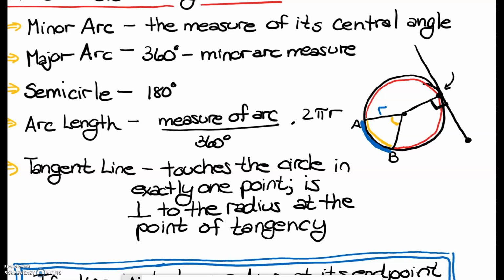Here's the endpoint outside the circle. If I drew another tangent line from that point, then I would know that this segment is congruent to that segment. They start at the same endpoint outside the circle. They are both tangent to the circle, so the tangent segments are congruent.